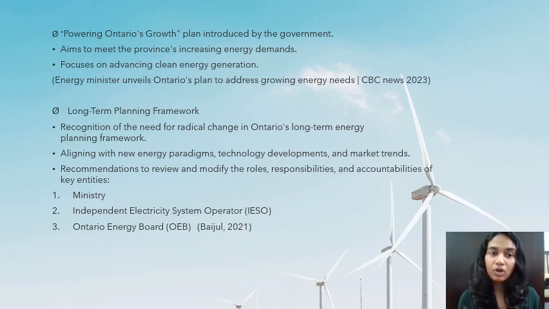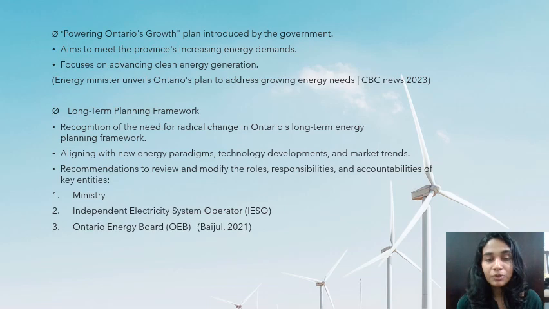Next I'm going to discuss Powering Ontario's Growth plan and the long-term planning framework. The first, Powering Ontario's Growth plan, was introduced by the government. It mainly aims to address the increasing provincial energy demands by emphasizing the development of clean energy generation. The second is the long-term planning framework.